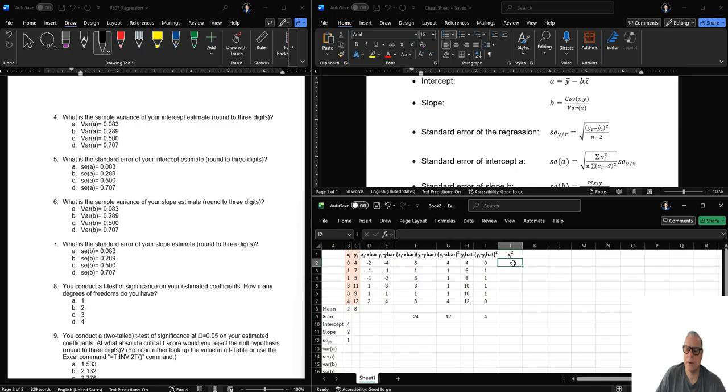So let's square all the xi, so that is equal to, okay, 0 squared. Then we copy down the formula and we calculate the sum.